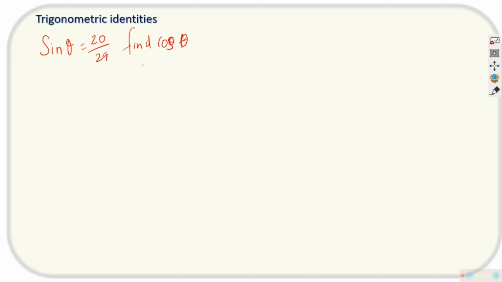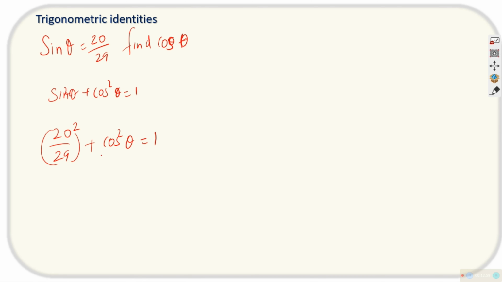So you have more than one way now to do it. One way, you just now learned that sine square theta plus cos square theta is equal to 1. So you can think about squaring this, that means sine square theta means 20 upon 29 whole square, plus cos square theta is equal to 1.